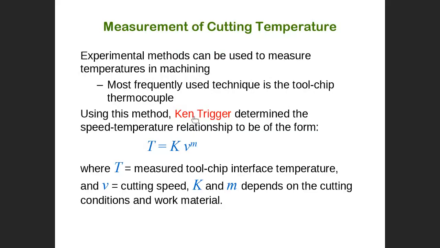Another person, Trigger, proposed another equation, equal to K V to the power m, where K is a constant, V is the speed, and m is another constant. K and m are constants that depend on the cutting condition and the work material.